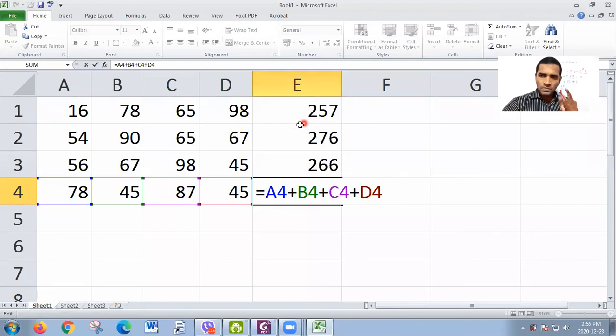I copied this particular formula entered in E1, and that formula has been changed into A4, B4, C4, D4. We remember the formula which we entered in E1: equal A1 plus B1 plus C1 plus D1. That formula has been changed into A4 plus B4 plus C4 plus D4 when it is copied.